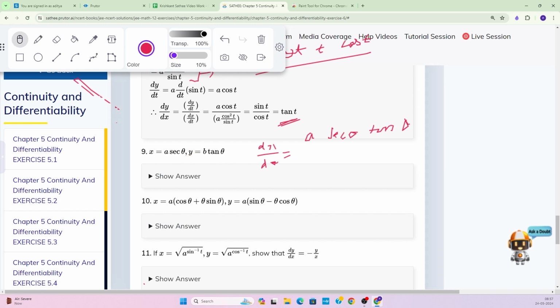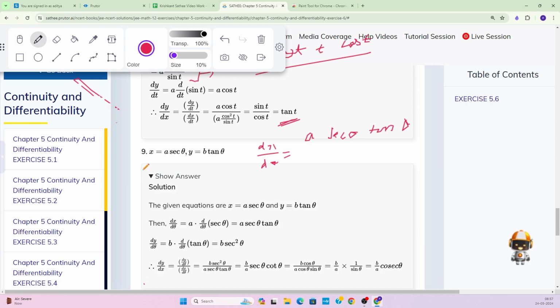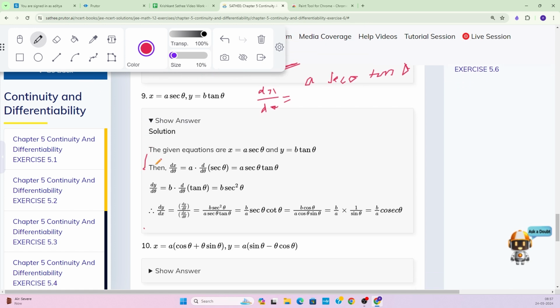Let me just show you the answer. As you can see, dx by d theta is equal to a sec theta tan theta, and dy by d theta will be b sec square theta. Now just divide. You will get b sec square theta over a sec theta tan theta. Now sec and sec cancel.